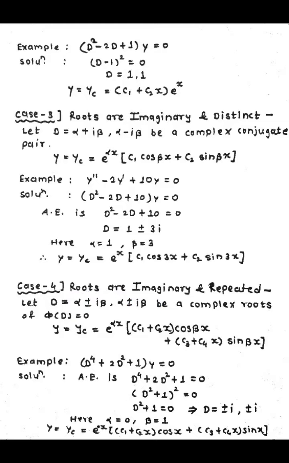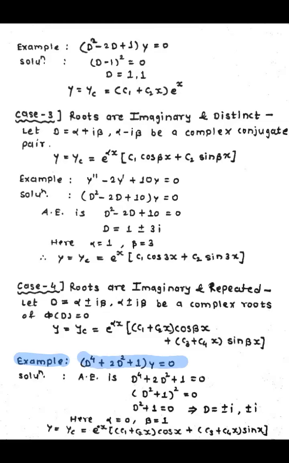So it is e raised to alpha x, and inside the bracket c1 plus c2 x cos beta x plus c3 plus c4 x into sin beta x. Now here the number of roots is 4, so 4 constants are involved in yc. So you have to remember this formula to write the yc for imaginary and repeated. Now let us take the next example.